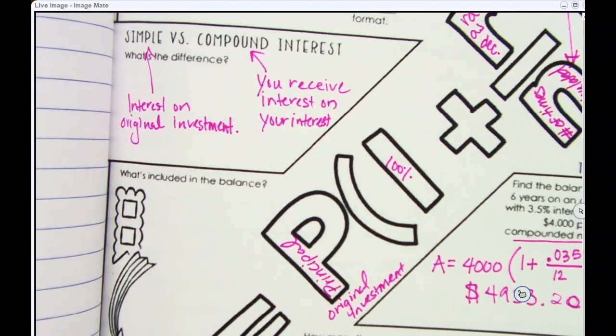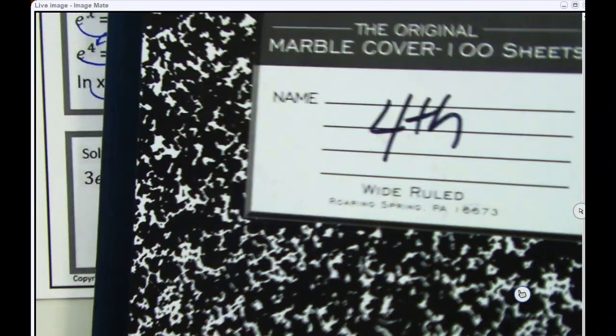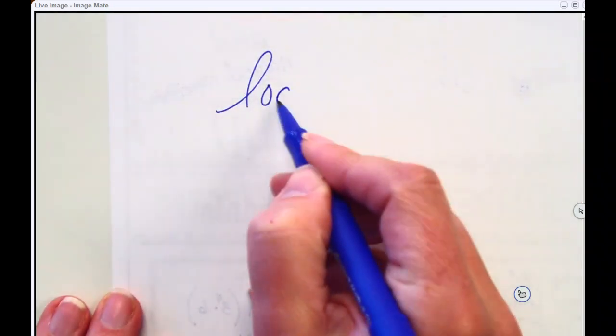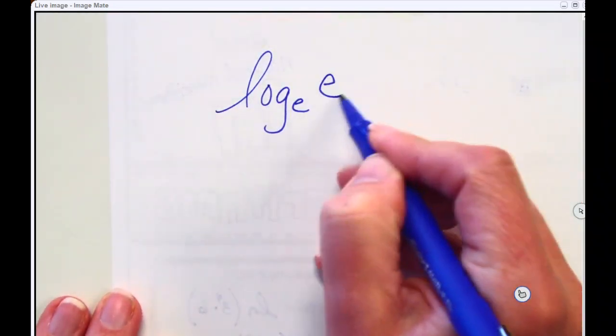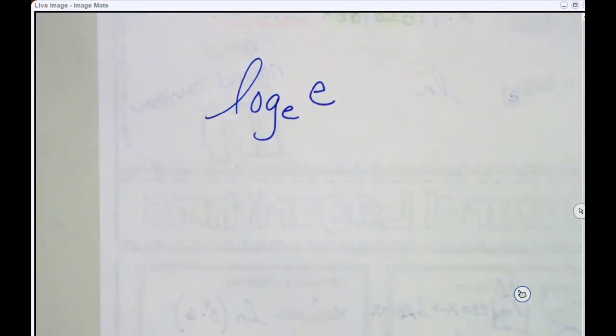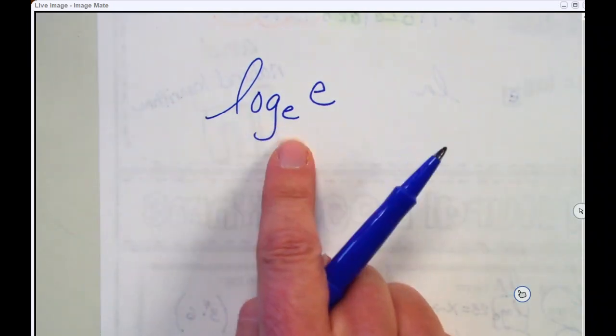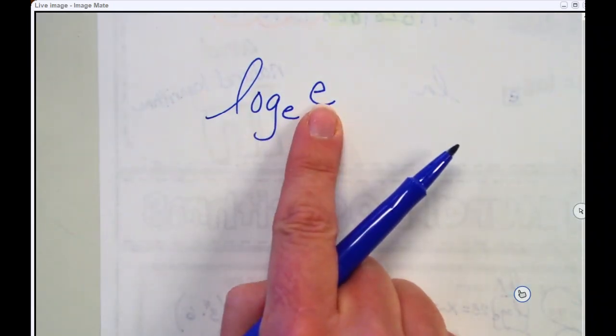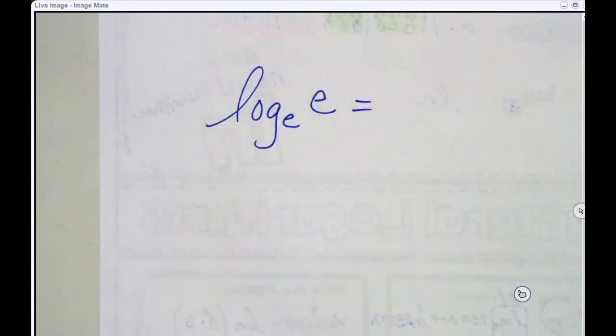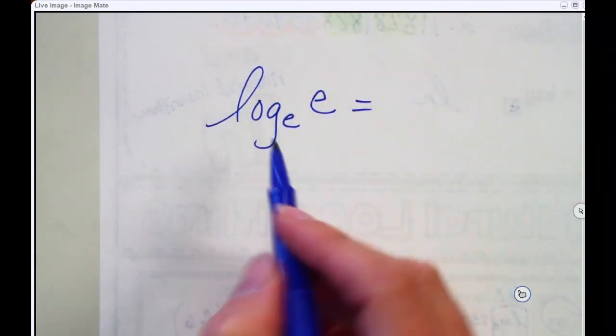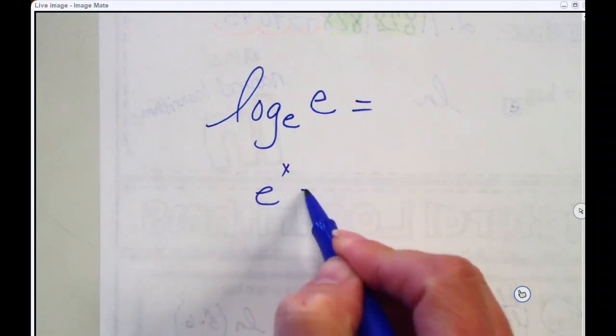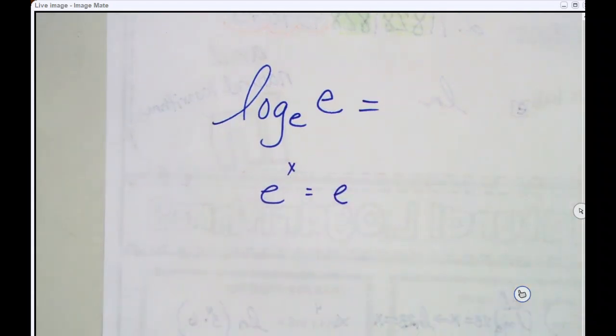All right, so let's talk about something really quick. What if I have log base e of e? What do you know happens? How many e's does it take to get to e? What does this equal? E raised to the what equals e? 1.